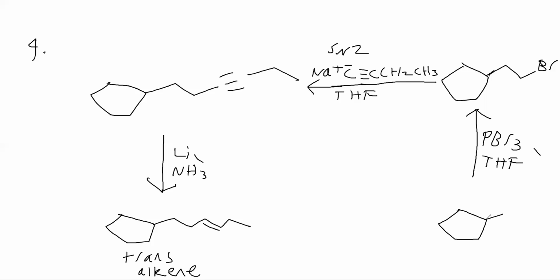An alcohol, yeah. We're just doing an SN2 substitution to replace an alcohol with bromine. So just replace the bromine with an alcohol, work backwards to think what it came from. I guess I'll erase this too.